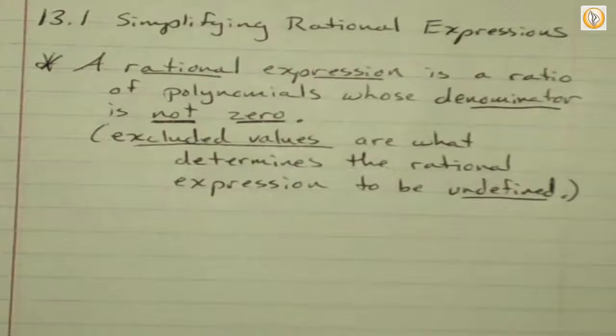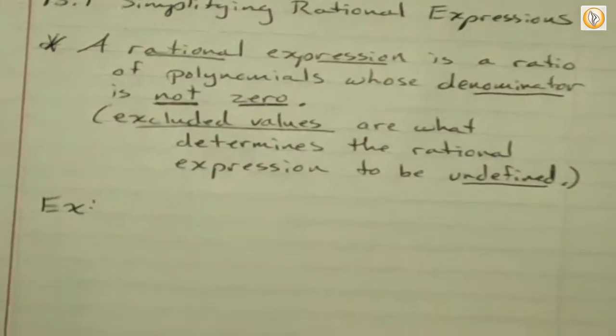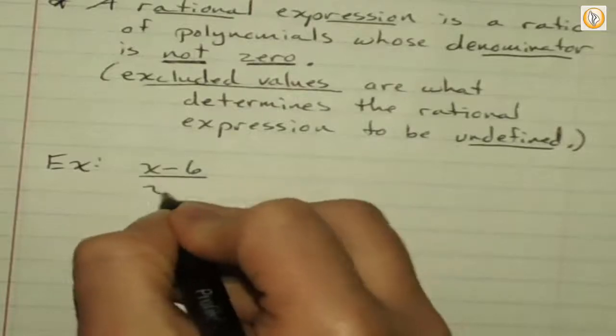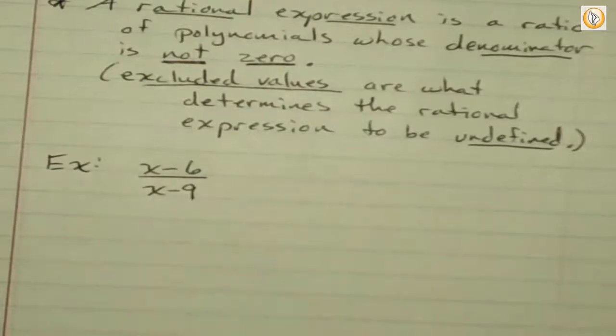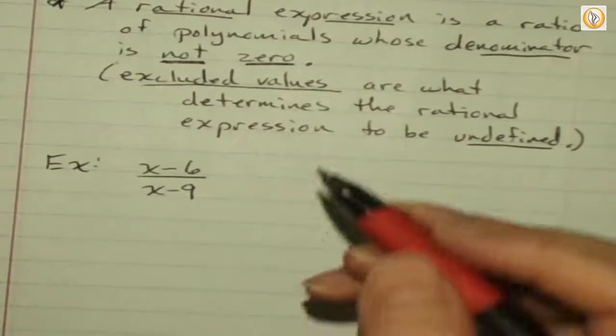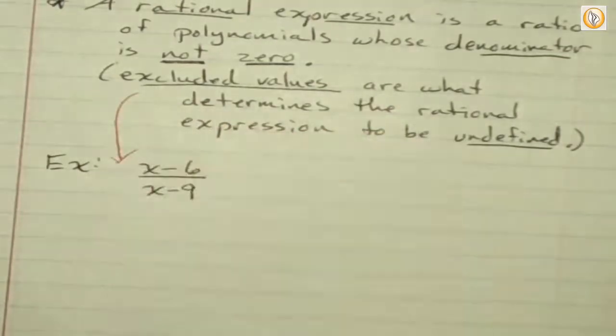All right. For example, write this down. x minus 6 over x minus 9. And we want to know what the excluded value is for this thing.